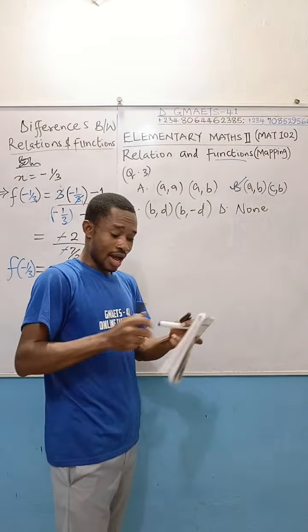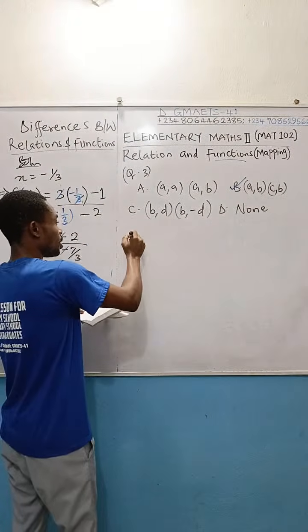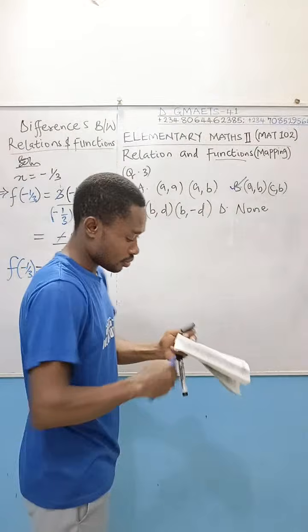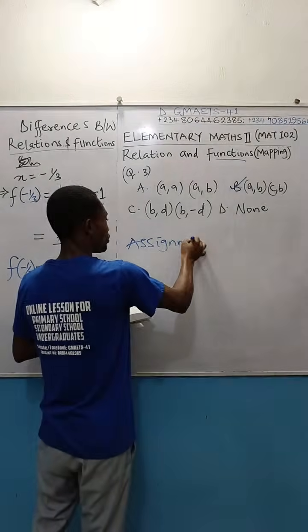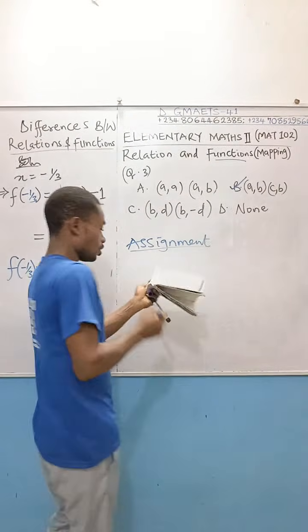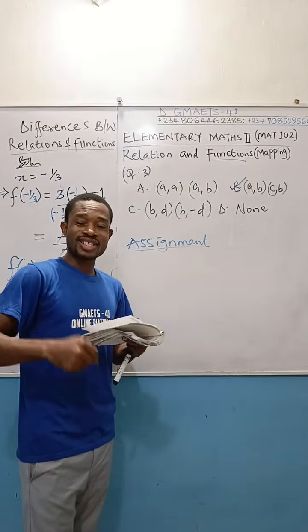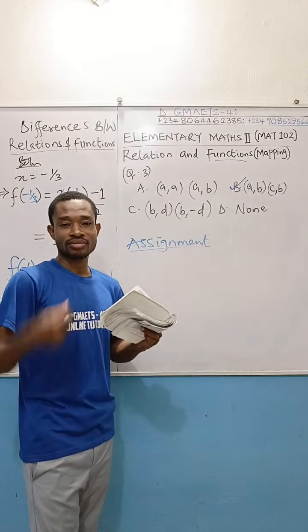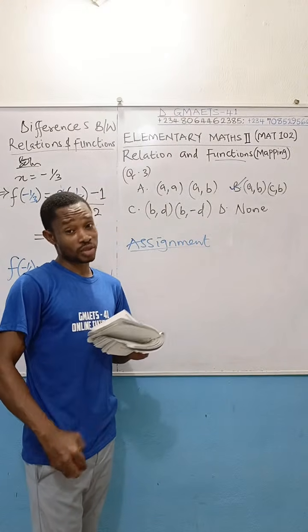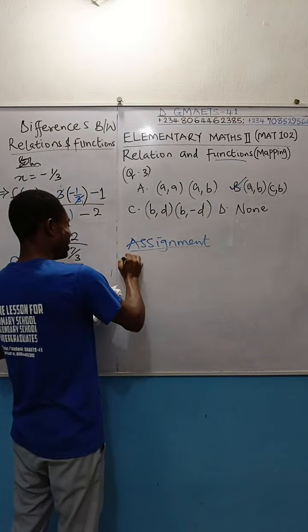I'll copy the question on the board. Assignment. You will type your answer in the comment box below this live class at the end of this live session. If you type your answer now, like I said, it will disappear at the end of it. So this is the question.